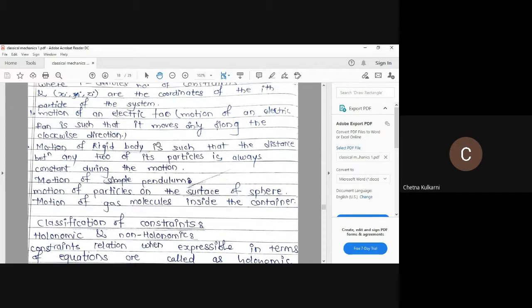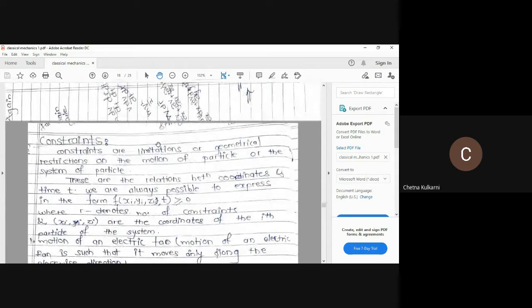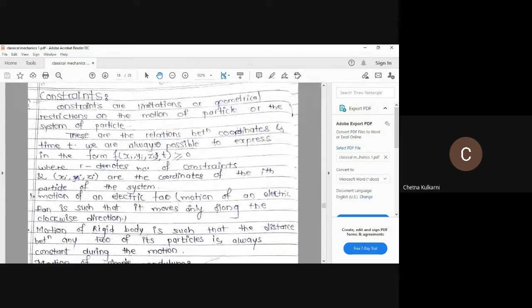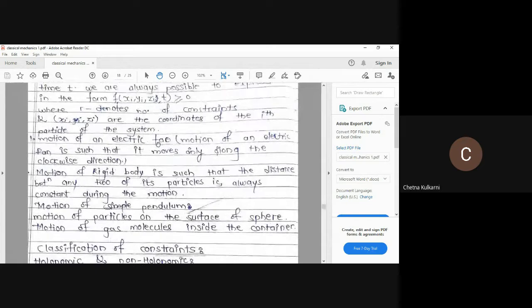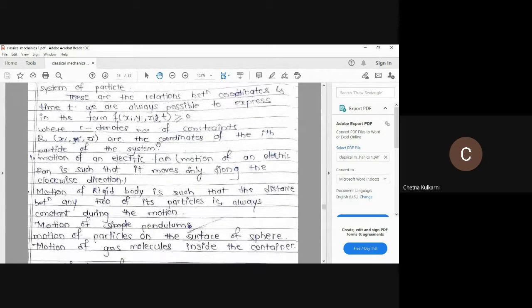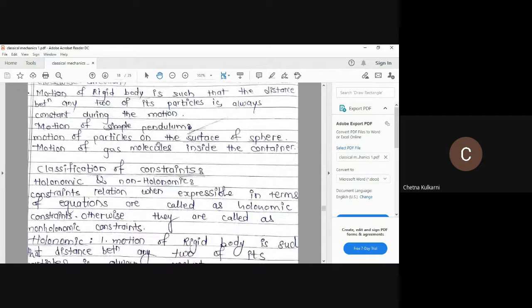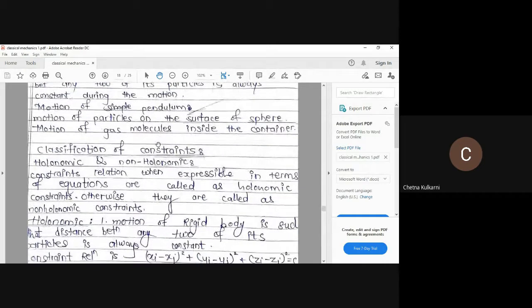We understood what a constraint, limitation or restriction is. If you understood, let us go for the classification or the types. Is there any doubt? No, ma'am. Okay. Let us go to the next one, the classification of constraints. Actually, there are 4 types of constraint.